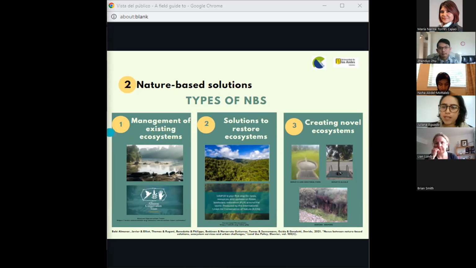The second type are the solutions to restore ecosystems, or the policies to green our cities, or the revitalization of our nature or our peri-urban nature. And also there's a third category that is related with the creation of new ecosystems to develop a specific process, like sustainable urban drainage systems.